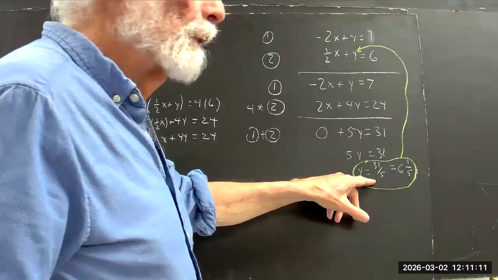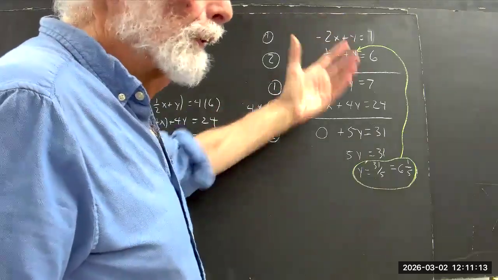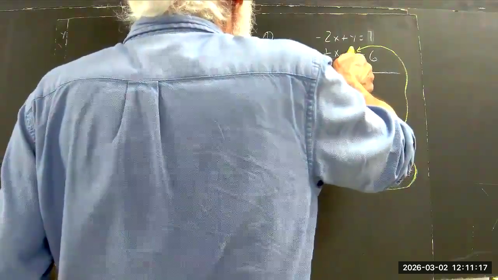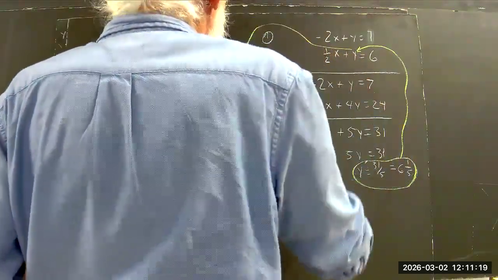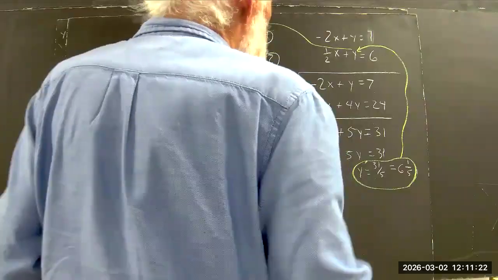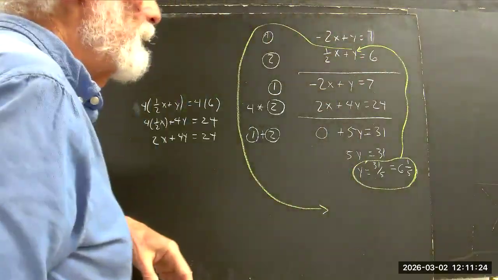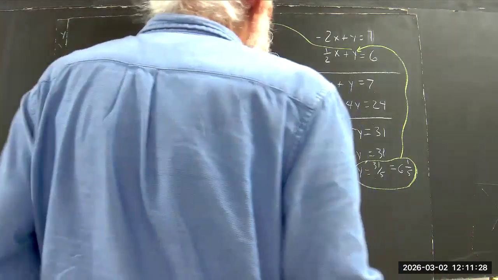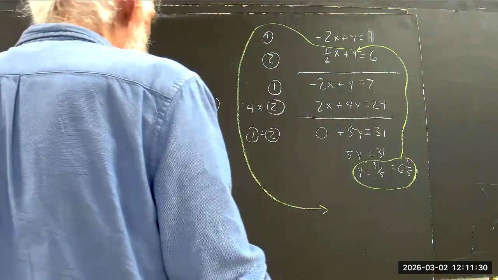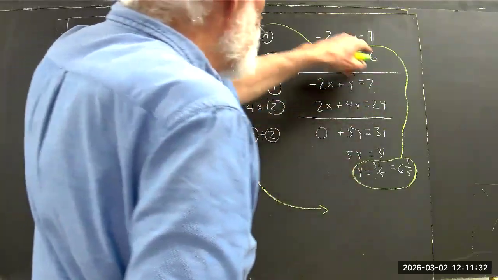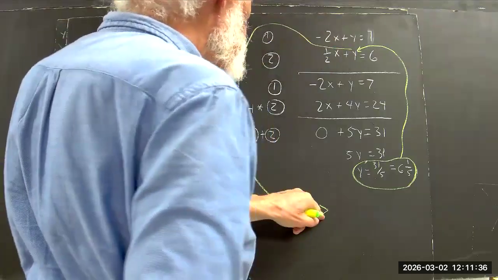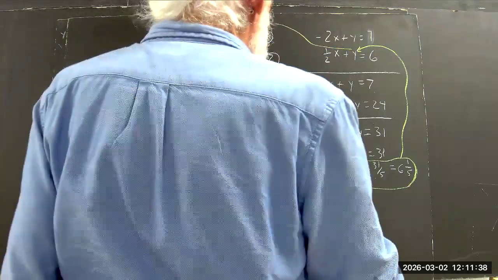You're just going to plug 31/5 for y into one of the equations. But the visual connection is helpful for people who think and process things visually. So these arrows indicate we substituted 31/5 for y, and now we're going to bring the resulting equation down here.